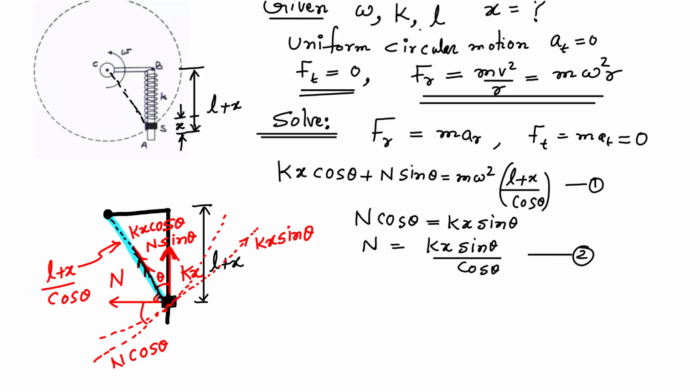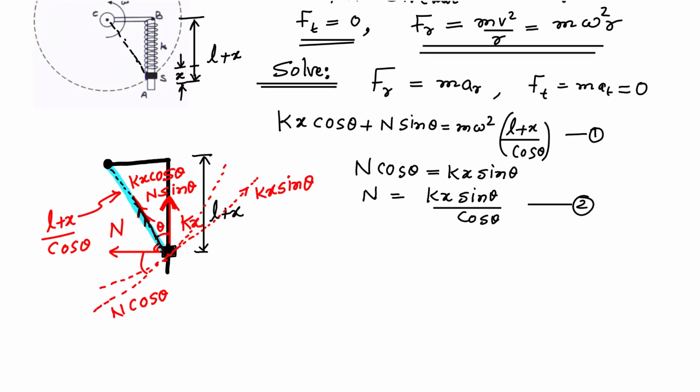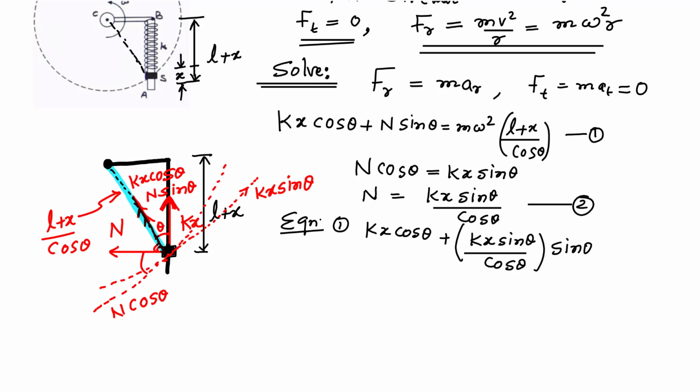Now you have two equations, and you can solve these two. So plug the value of N into equation 1. From equation 1 we can rewrite kx cos theta, and N is nothing but kx sin theta divided by cos theta, times sin theta, equals m omega square (L plus x) divided by cos theta.